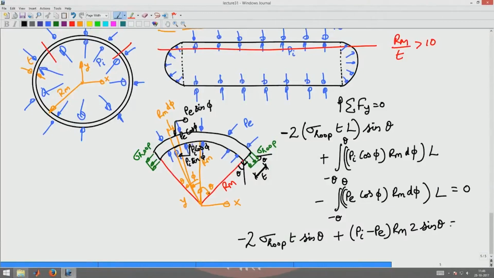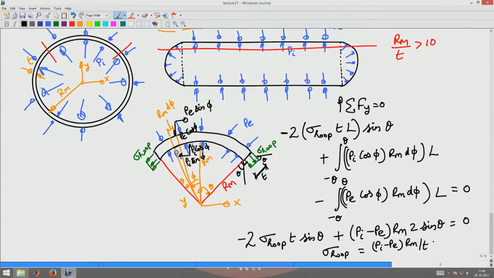This would be equal to 0, and from here you get sigma OOP to be Pi minus Pe into Rm by T. So, that is the OOP stress.